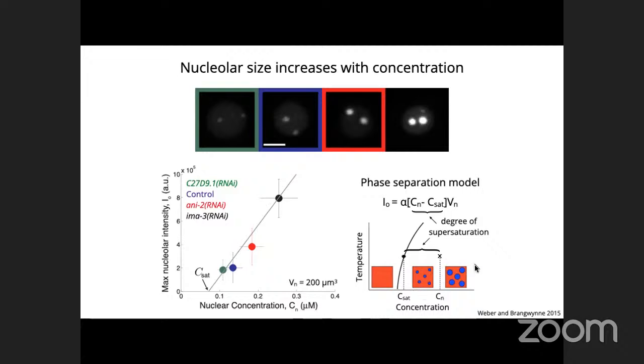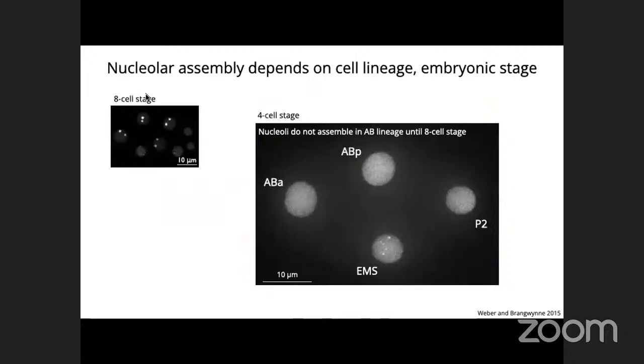Okay, so now getting back to the question, how do we go further? How do we test the threshold hypothesis? We couldn't at this particular cell stage, but the embryo develops and goes through many different cell stages. Everything that I've shown you so far was at the 8 cell stage. At the 4 cell stage, for reasons that I have no idea, but was experimentally useful, nucleoli don't assemble.